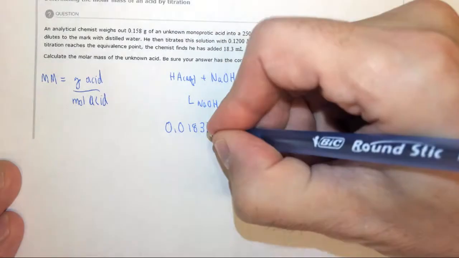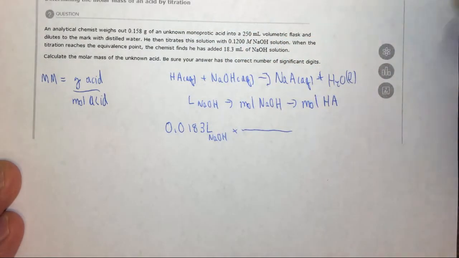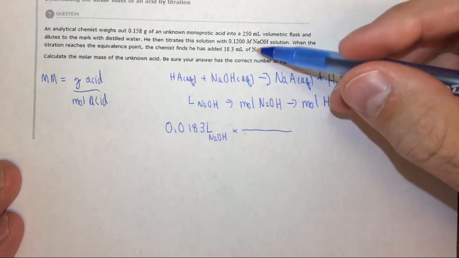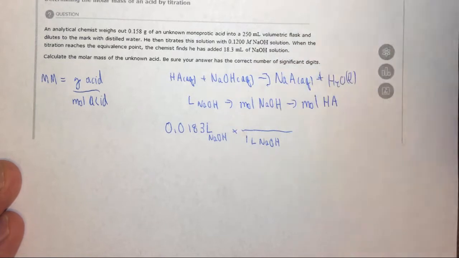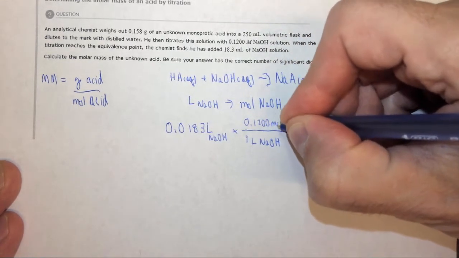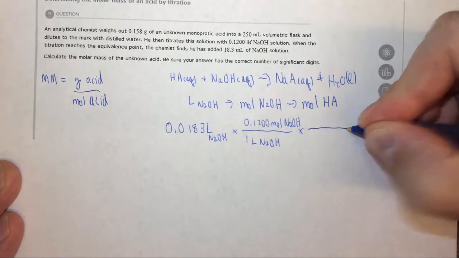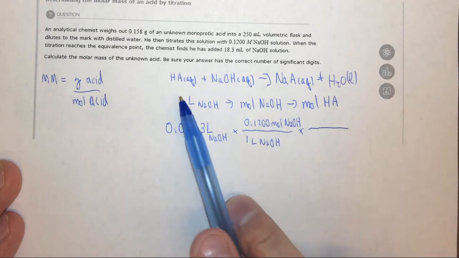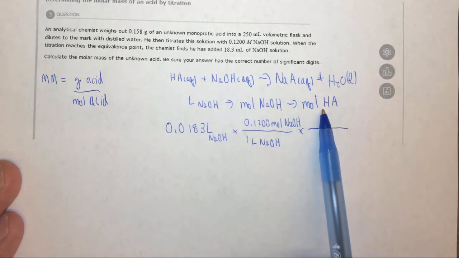0.0183 liters of, in this case, NaOH, times, now we need to convert it to moles. We need to use the molarity. For every 1 liter of NaOH on the bottom, so it'll cancel out, there are 0.1200 moles of NaOH. Times, we now need to use the stoichiometric coefficients in the balanced chemical equation to find out how much HA there is.